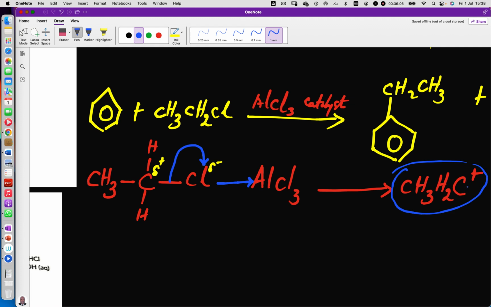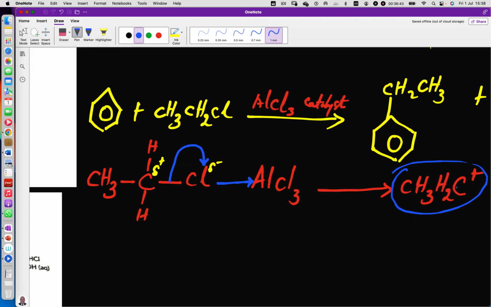And when it distorts the ring, hydrogen will have to leave as a hydrogen ion. And the bonding electrons between hydrogen and the carbon will be returned to the ring to complete the ring and restore it. And a complete bond would be formed between the carbocation and the benzene ring, giving ethylbenzene, the compound. So that is how the product is generated.